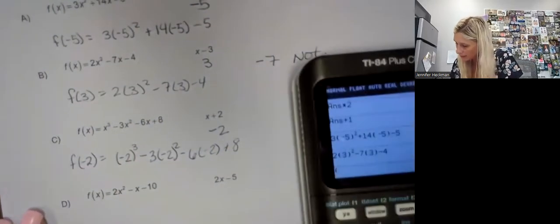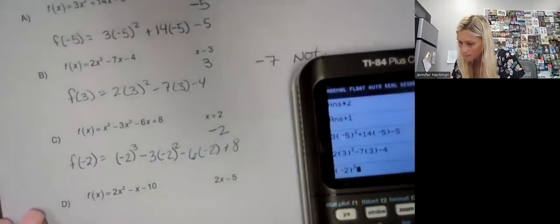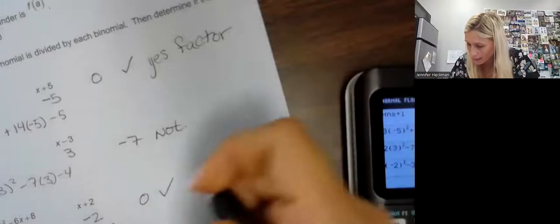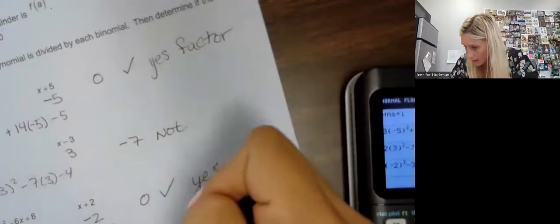Let's see, parentheses, -2, close parentheses, 2 to the third, minus 3 times -2, close parentheses, squared, minus 6 times -2, close parentheses, plus 8 equals 0. So yes, it is a factor.